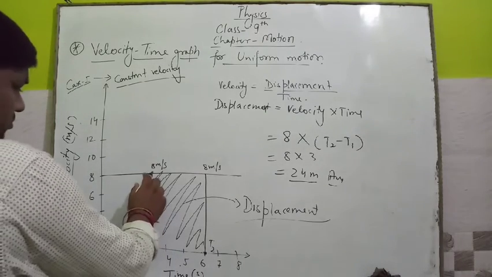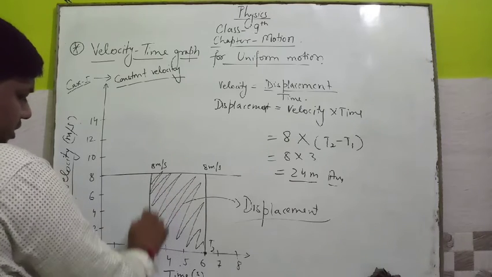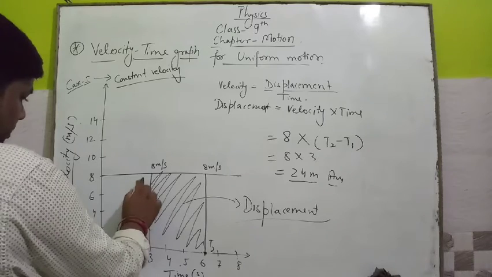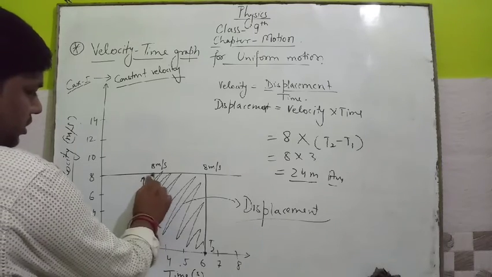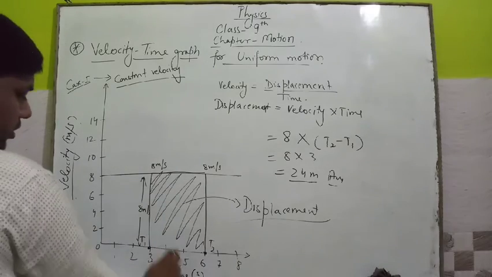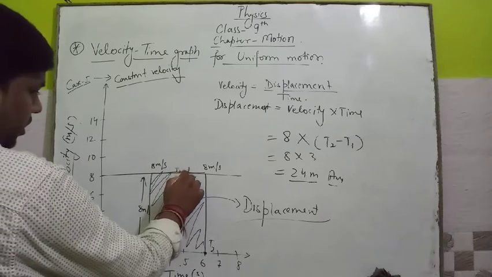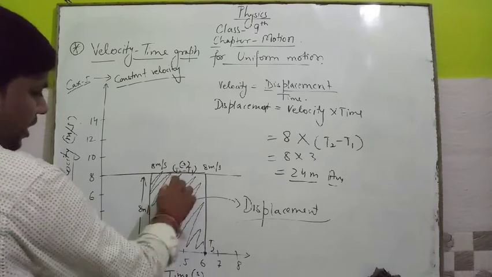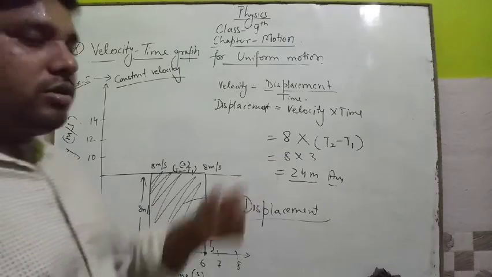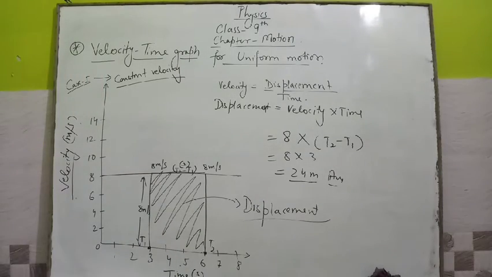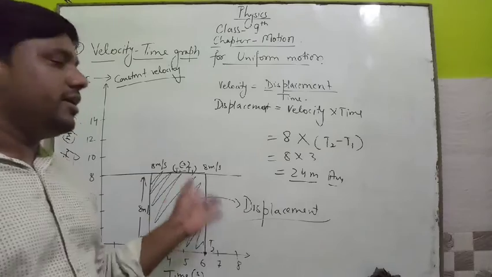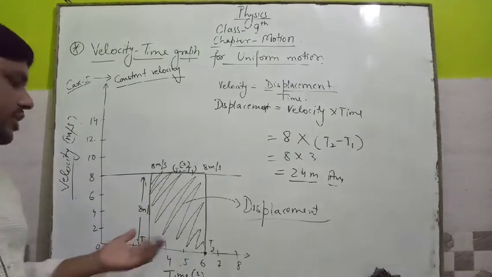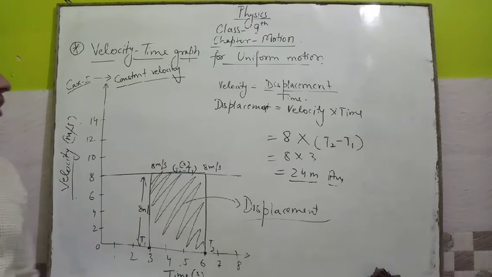This is length, 8 meter per second, and this is breadth, t2 minus t1, which is 3. 3 multiplied by 8 is equal to 24. So by two ways we have to find the displacement of this graph. Clear? Note it.